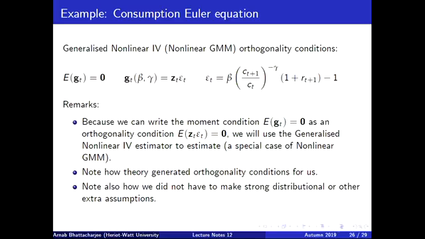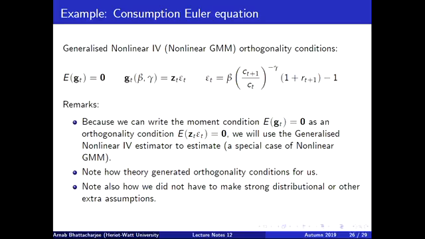Also note that the orthogonality conditions, where do they come from? They come from theory here, right? Okay, so we have taken a representative agent problem, written down the rational expectations solution for that, and the rational expectations solution directly gives us some moment conditions, which we are imposing here.